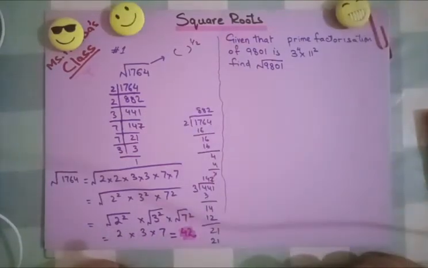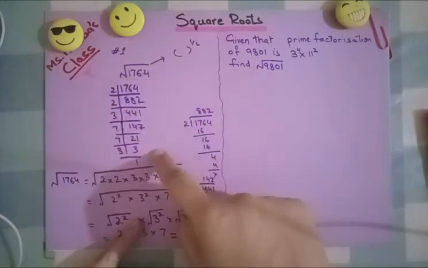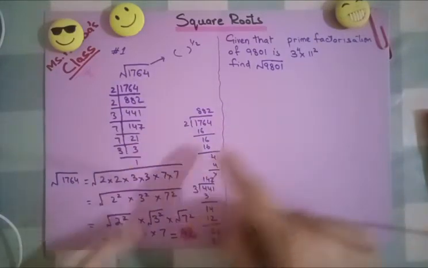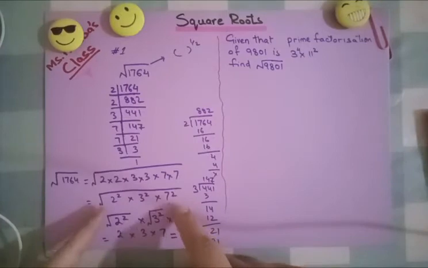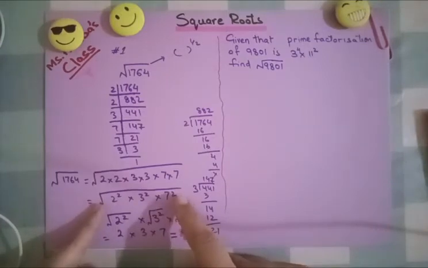Given that the prime factorization of 9801 is 3 raised to the power 4 multiplied by 11 squared. So they have done this procedure already, and they have given us the index notation which we made in the previous example by ourselves.